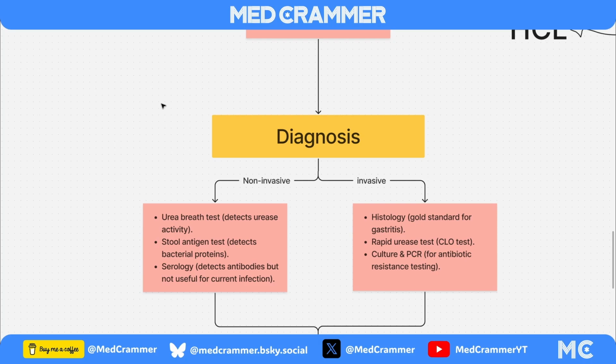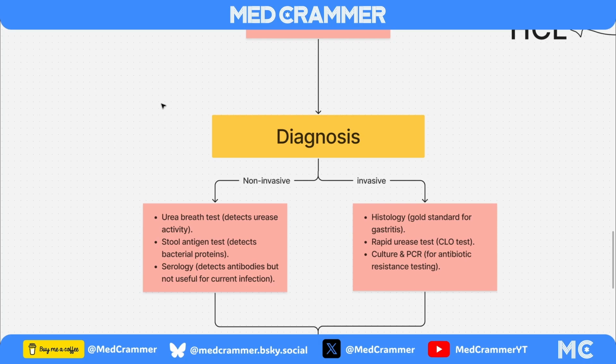You can take a punch biopsy of the stomach tissue and test it for H. pylori. There's also a rapid urease test, because, as we said, the bacteria has urease. And then you can do a culture for the bacteria and PCR, polymerase chain reaction, or antibiotic resistance testing. That's for the invasive.